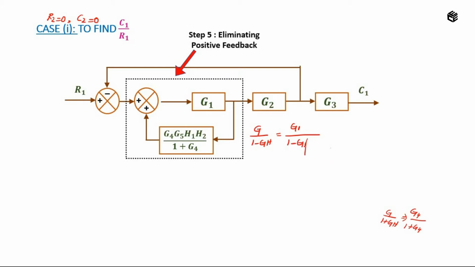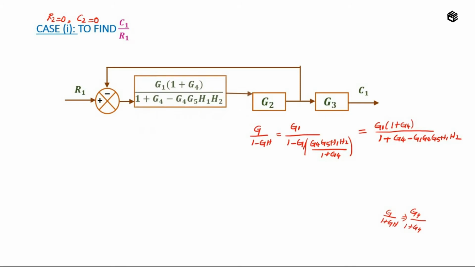So the value is G4, G5, H1, H2 divided by 1 plus G4. On simplifying this expression, I will get the answer as G1 into 1 plus G4 divided by 1 plus G4 minus G1, G4, G5, H1, H2. So the answer for this step is this.